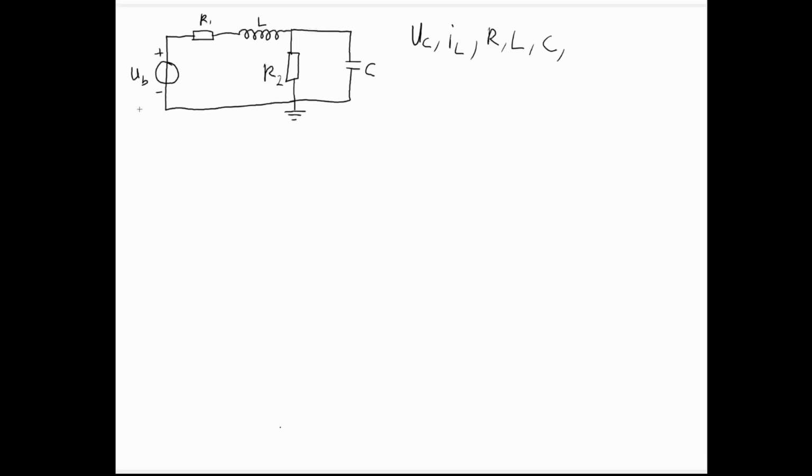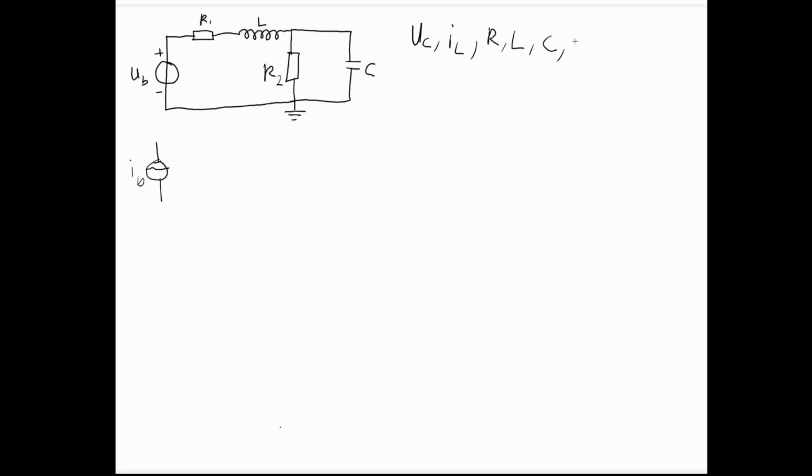Now, take note of that. If it's a voltage source like this one, then the voltage of a voltage source is allowed, not the current of a voltage source. Assuming the input signal was a current source, let's say IB, then the current of the current source is allowed.